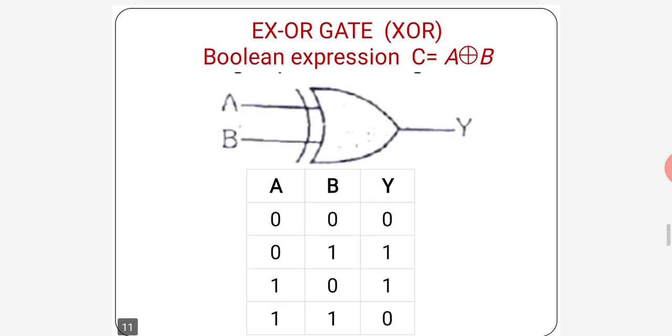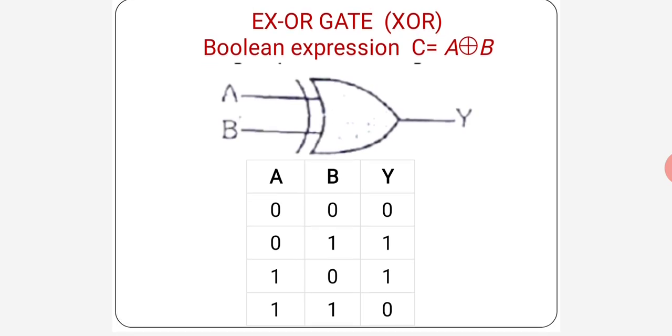Now we have another powerful gate here, exclusive OR gate. It can be written as EXOR gate or XOR. You can see it in either form. So you can see this is the logic diagram, and you see the difference between this and the OR gate is the extra line you are seeing.